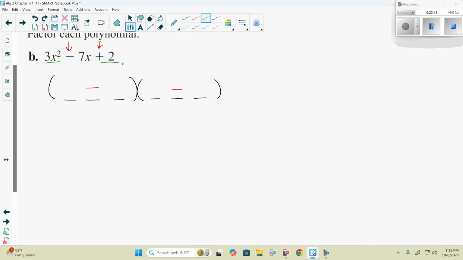Now we need to find the factors of the first and third term. 3x squared, well, I know it has to be x and x, yes? What are the factors of 3? 1 and 3. Are there any others? No, there's only one set, so we have to put a 3 in front of one of the x's, yes? Which one do you want to put in front of, the first one or the second one?